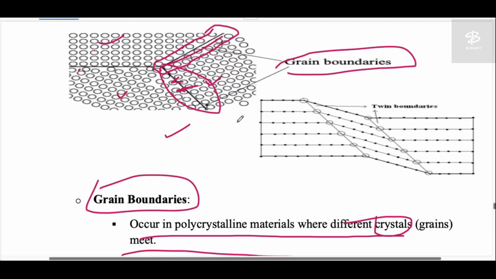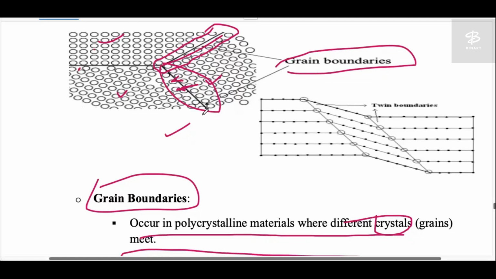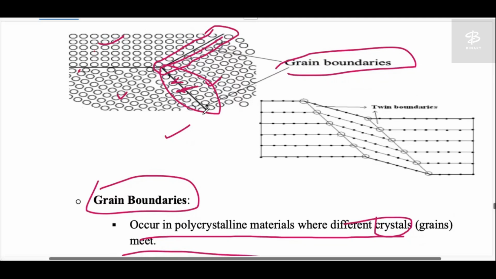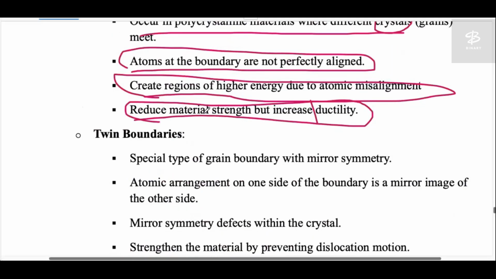It depends on the load, not on the length. That load will provide you the length. So obviously this is the way grain boundary defects provide us less strength and high ductility.